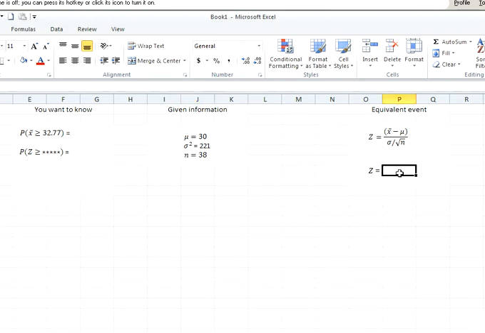So z is equal to 32.77 minus 30, which is the mean, divided by the square root of 221 divided by 38. Have I done it correctly? Yes, I think so. Okay, good. Enter. So it's approximately 1.15, we are going to say.